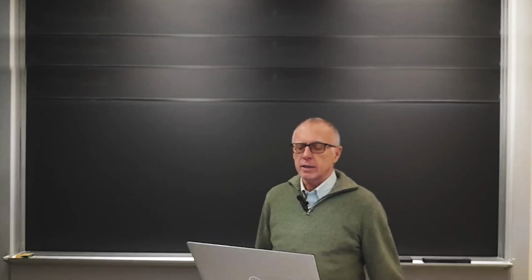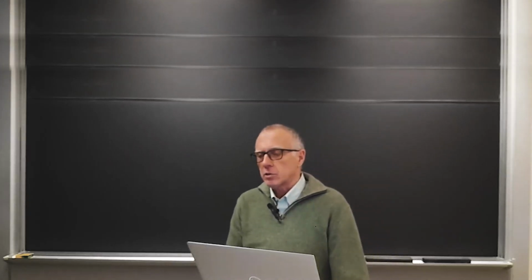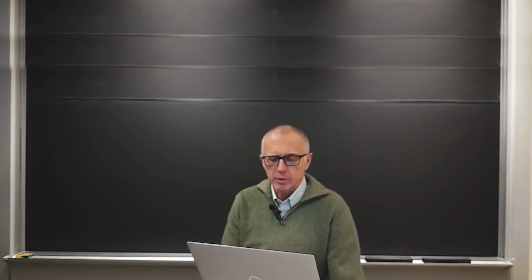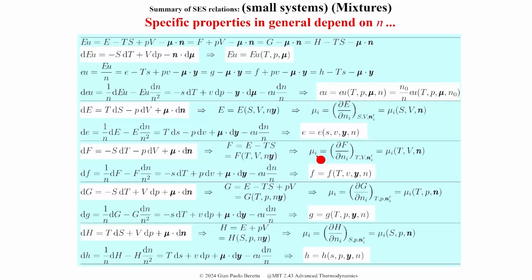We defined alternative ways of describing the properties of stable equilibrium. And among these Legendre transforms, we defined the F, which is the Helmholtz free energy, G, which is the Gibbs free energy, H, which is the enthalpy, and U, which is the Euler free energy.